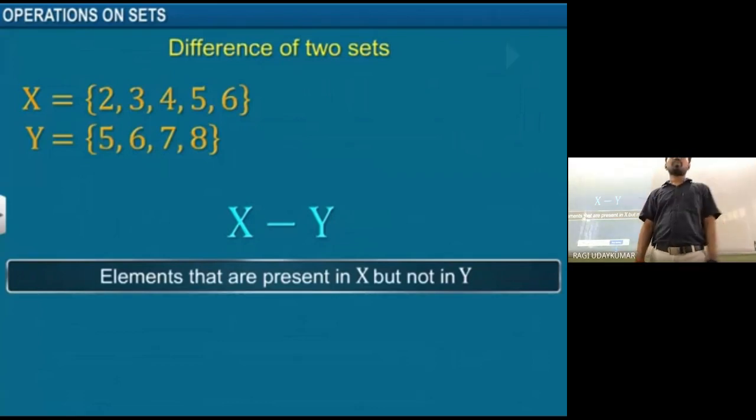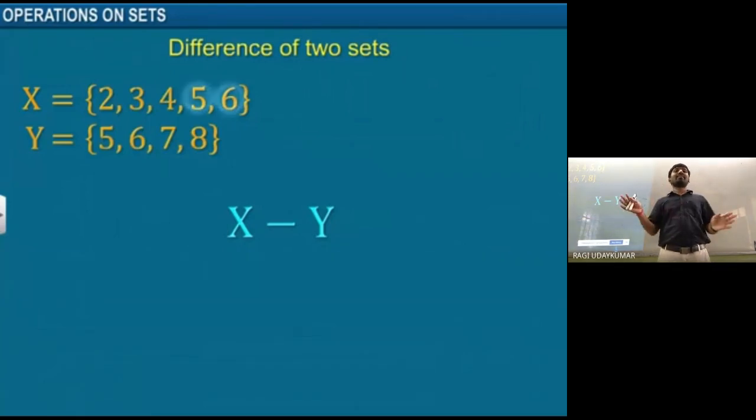So the elements that are present only in X but not in Y are represented like this. The common elements are cancelled. Look, 7 and 8 should not be taken. Suppose Y minus X is given to you, then only 7 and 8 should be taken, not 5 and 6.